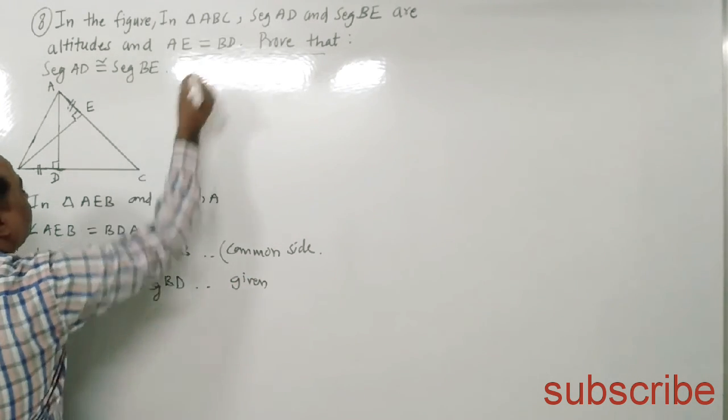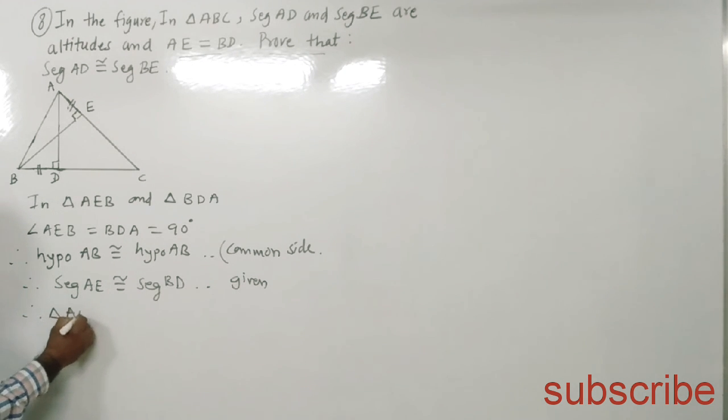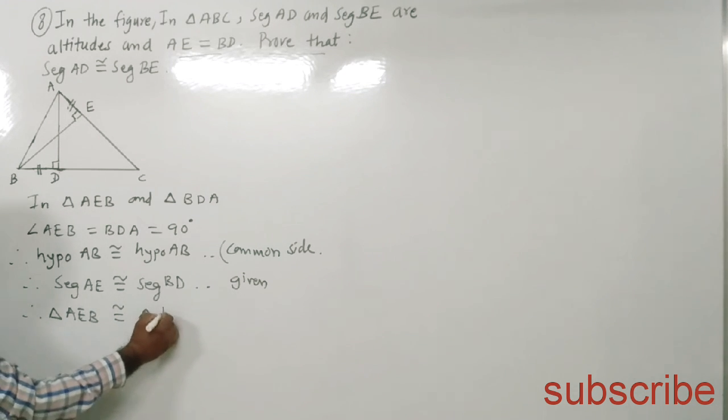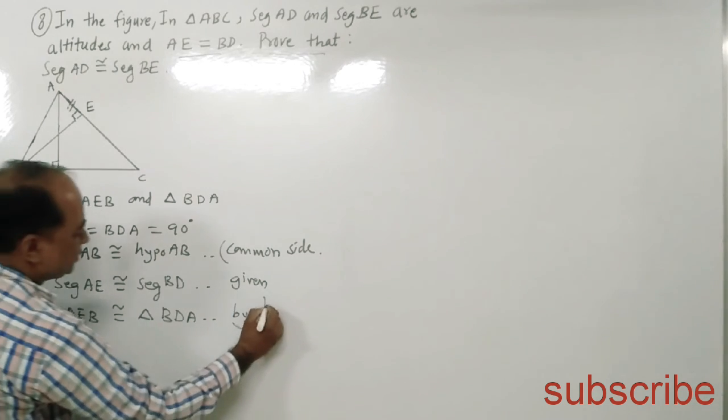Therefore, triangle AEB is congruent to triangle BDA by the hypotenuse side test.